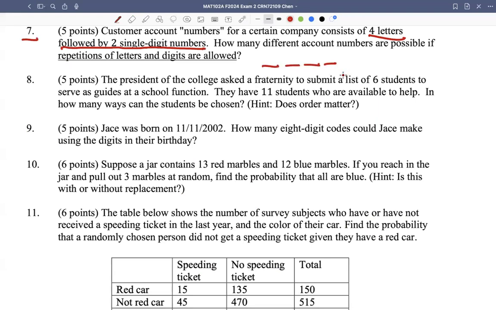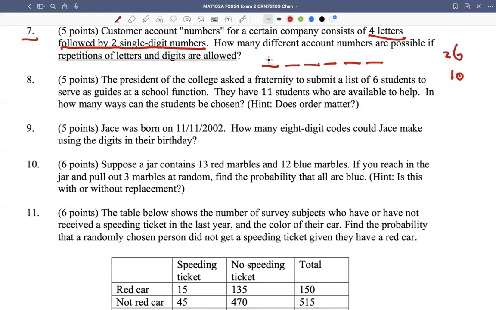These 4 letters, then followed by 2 digits. We have 26 letters from A to Z to choose from, and 10 digits, 0 to 9. The question is asking how many different account numbers are possible if repetition of letters and digits is allowed.